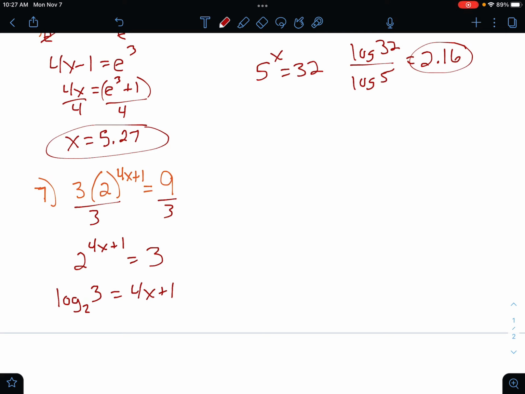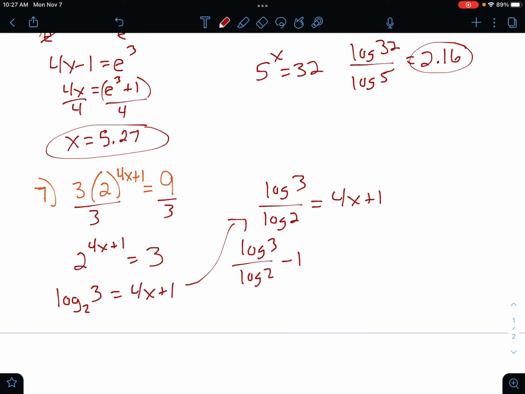I can't plug that in, so I'm going to come over here. I'm going to do log of 3 over log of 2 equals 4x plus 1. Solve it down for x, so we have log of 3 over log of 2 minus 1, and then you're going to divide all of that by 4.